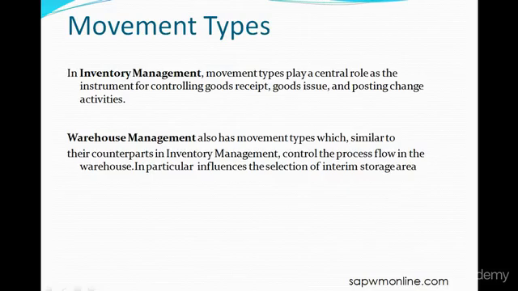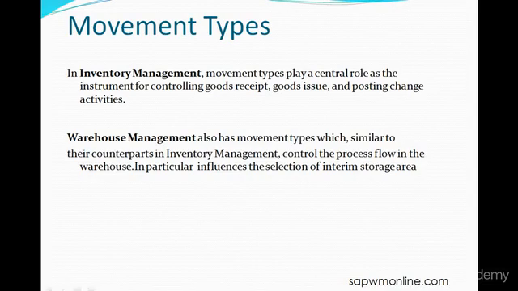So what are movement types? As we know, in inventory management, movement type plays a central role as the instrument for controlling goods receipt, goods issue, and posting change activities. Warehouse management also has movement types which, similar to their counterparts in inventory management, control the process flow in the warehouse.